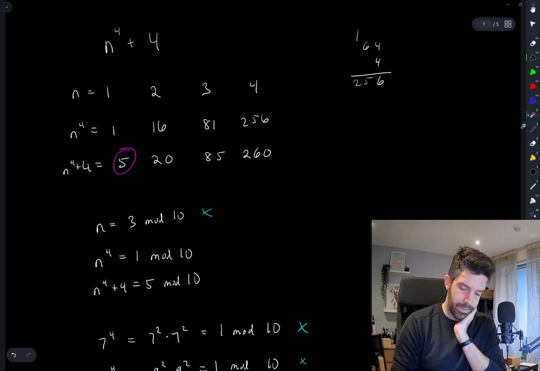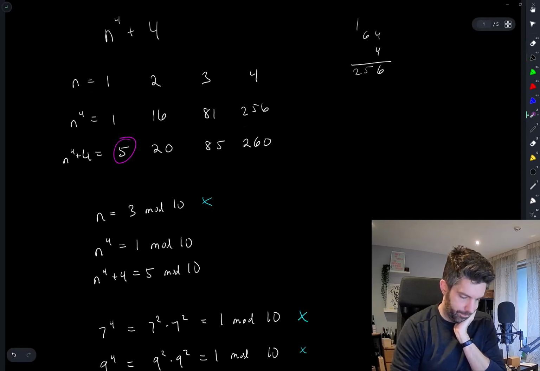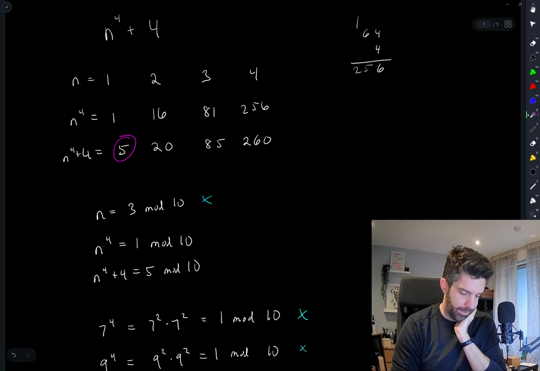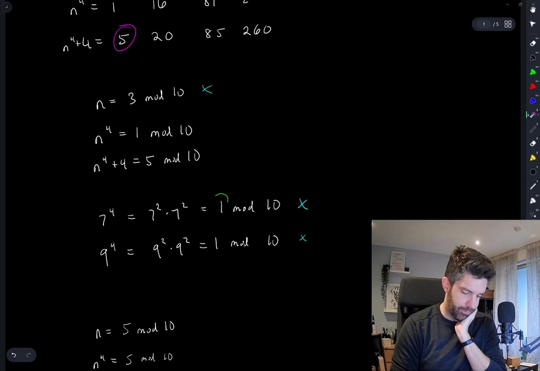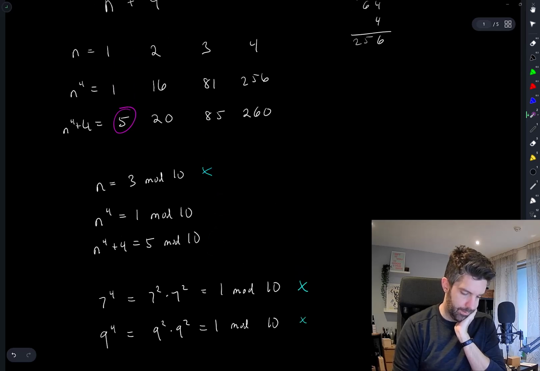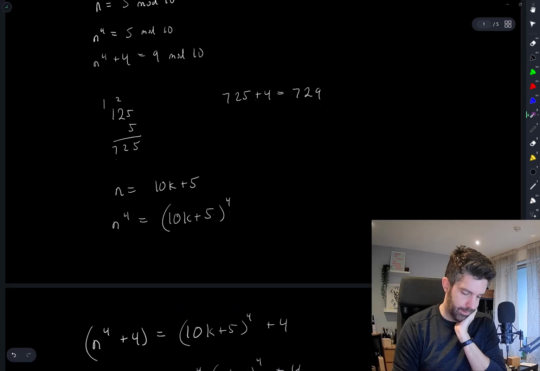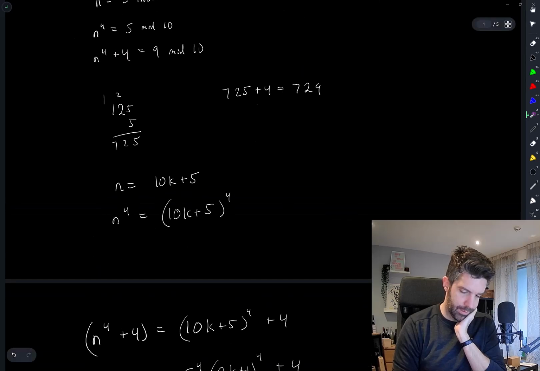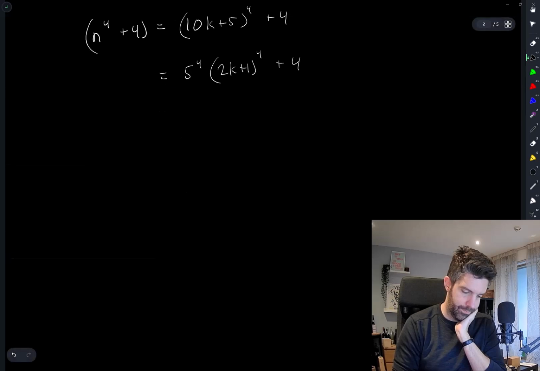Okay, so n cannot be even. It can't end in a 3. It can't end in a 7, can't end in a 9. Anything we can say about this?